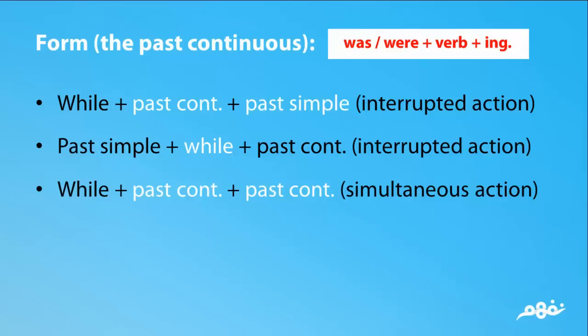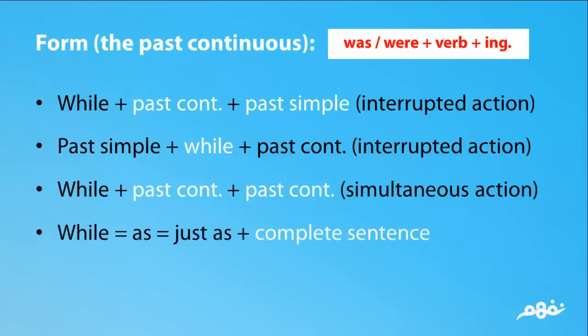Put into your consideration that while equals as, equals just as, and both of them are followed by a complete sentence, exactly as while. And when while equals during, both should be followed by a noun or a verb plus ing.